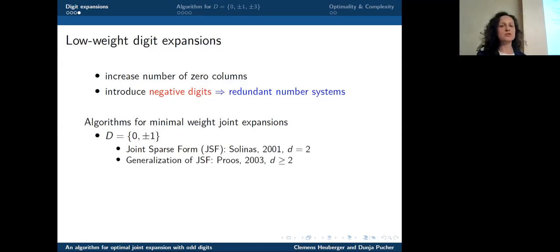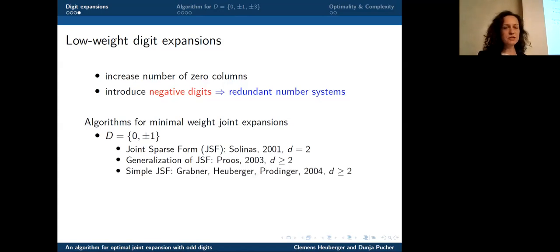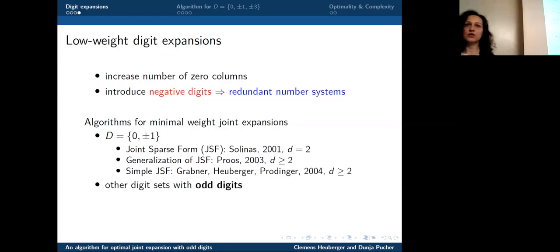Then a generalization to arbitrary dimensions was first given in 2003 by Proos. And then another generalization, which is called simple joint sparse form, was given in 2004 by Grabner, Heuberger, and Prodinger. And when we consider some other digit sets with odd digits.